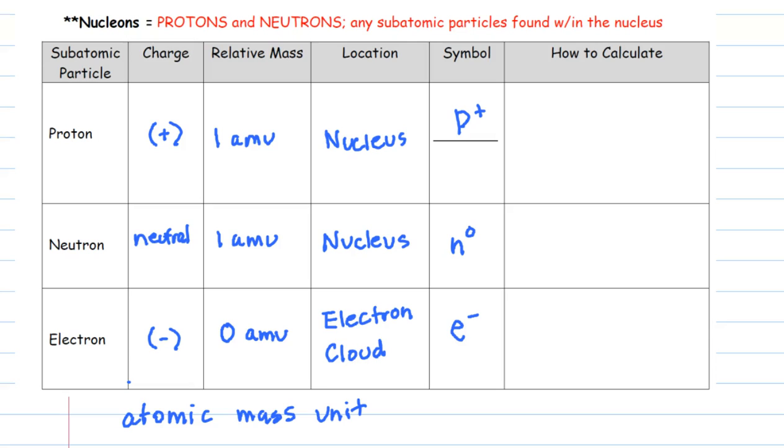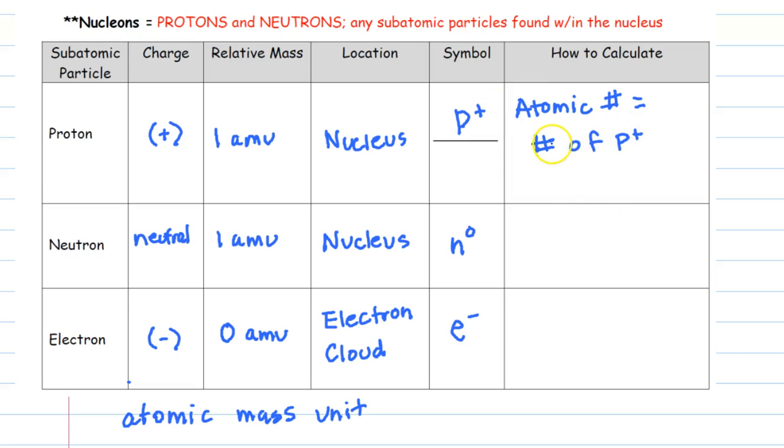Now, how do we calculate these? Well, the number of protons is what gives an atom its identity. And the atomic number that you see on the periodic table is equal to the number of protons.